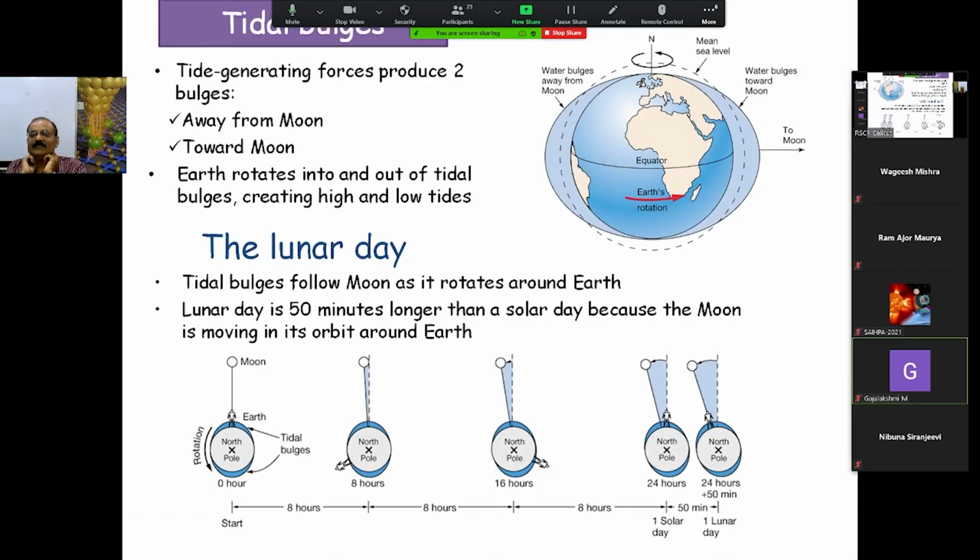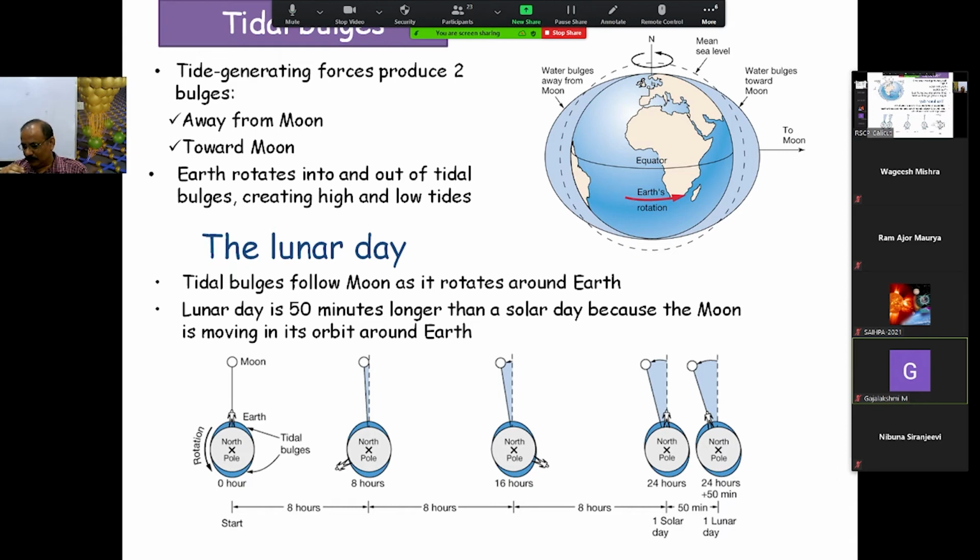So what happens is that if you consider our hydrosphere to be uniformly filled around our Earth, and when the moon comes overhead at a particular location, there is an attraction, and since the water has a lower mass compared to the Earth, the water is getting attracted.